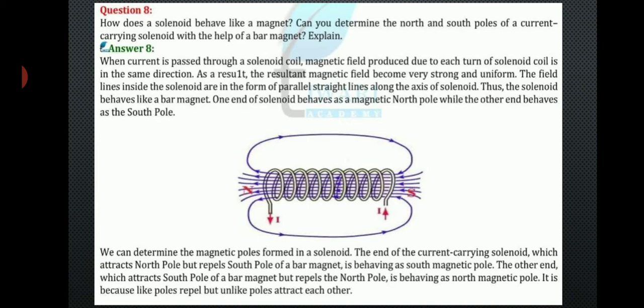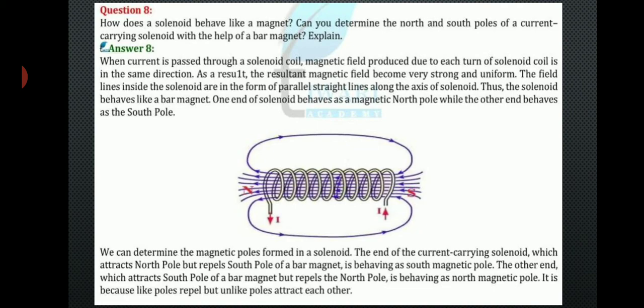So how can we determine the poles of the solenoid? The end of the current carrying solenoid which attracts the north pole but repels the south pole of a bar magnet is behaving like a south magnetic pole. Like poles repel each other, unlike poles attract each other.